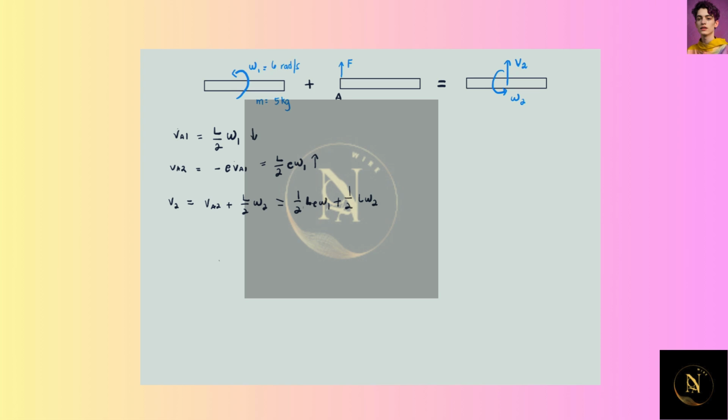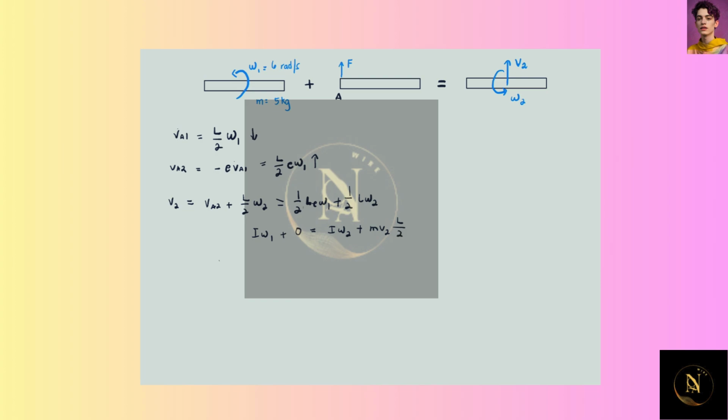Applying the impulse momentum theorem and solving for the moments about point D, taking the counterclockwise direction as positive, we'll have I omega 1 plus 0 equals I omega 2 plus m v2 L over 2.